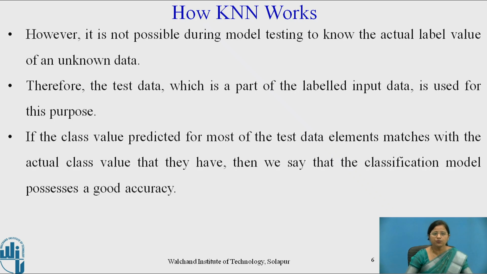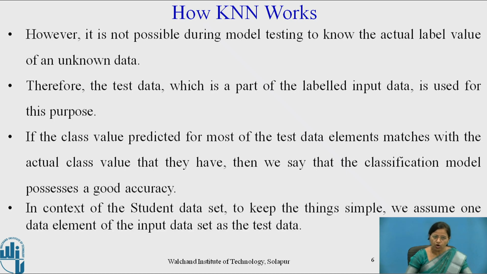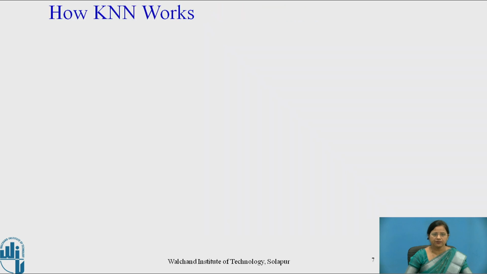If the class value predicted for most of the test data elements matches with the actual class value that they have, then we can say that the classification model has a good accuracy. In the context of the student dataset, to keep things simple, we will assume one data element of the input dataset as the test data.